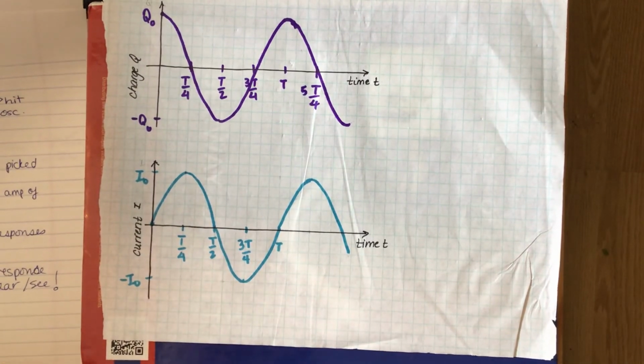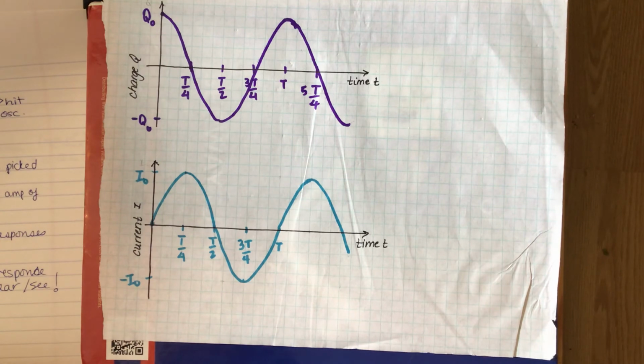So these are cases when you can get the kid on the swing to go really high, or when you can cause the Tacoma Narrows Bridge to oscillate with really big amplitudes and it falls apart. So if you drive a system at its natural frequency omega, you'll get a big amplitude of oscillation.